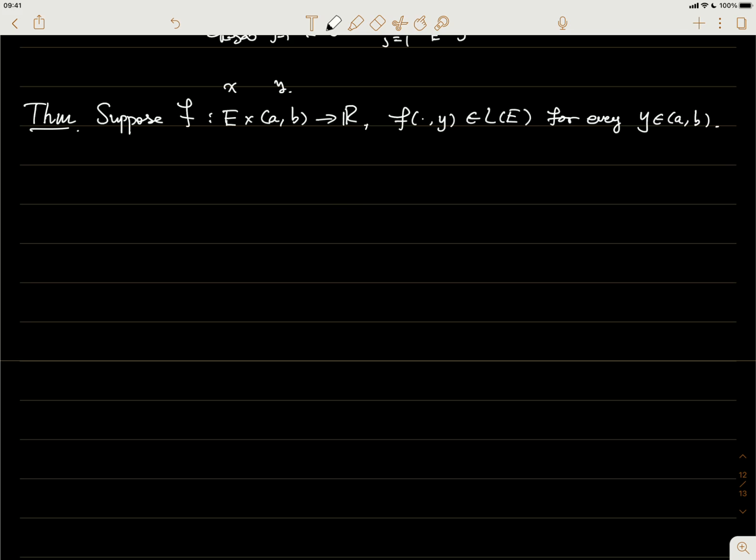And also for every fixed x, this function, which is a function of y now for fixed x, is differentiable on this interval (a, b) for every x belonging to E. Okay, so these two conditions just guarantee that the integral that we're going to write out is well defined.